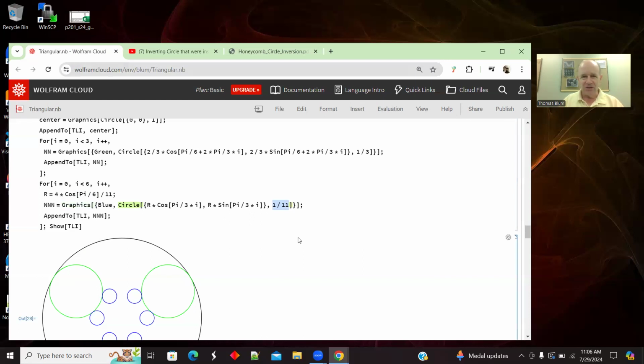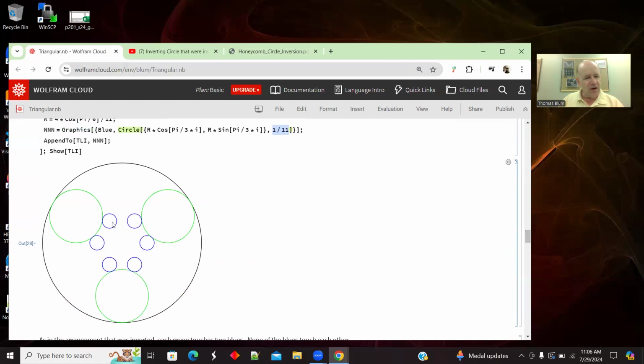And that usually occurs when you're circle inverting a lattice of inscribed circles the way we are. The radii of the inscribed circles tend to be these nice, simple, rational numbers.